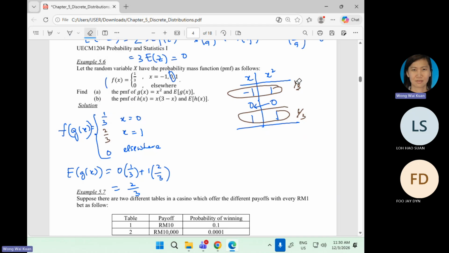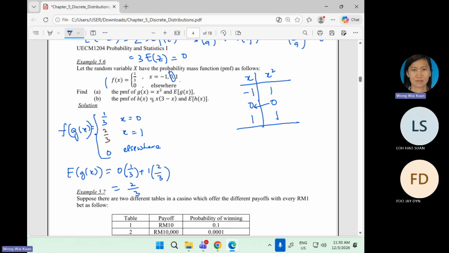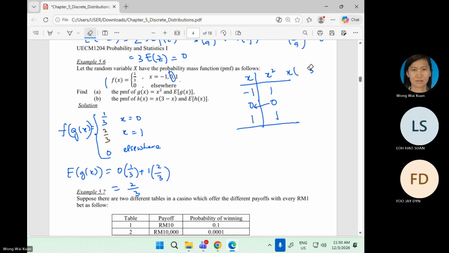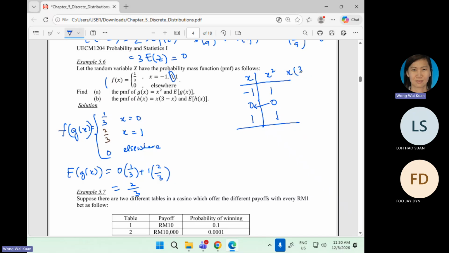So maybe with that it becomes clearer. So now the same goes for the h(X). So if my h(X) is X times 3 minus X.